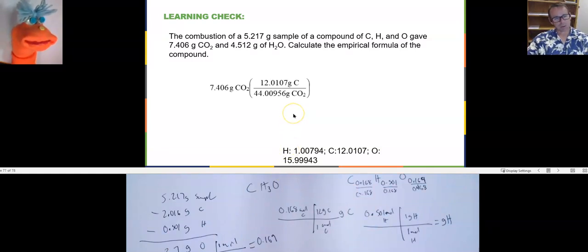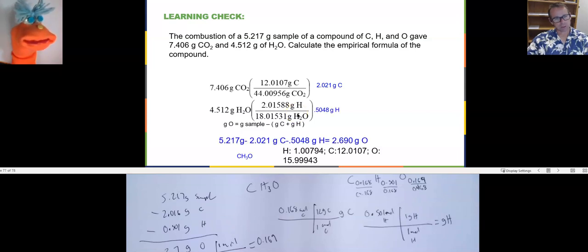So I got the empirical formula by looking at the moles of the carbon, moles of hydrogen, and then converting that to grams of carbon, grams of hydrogen, and finding the grams of oxygen and converting that to moles.